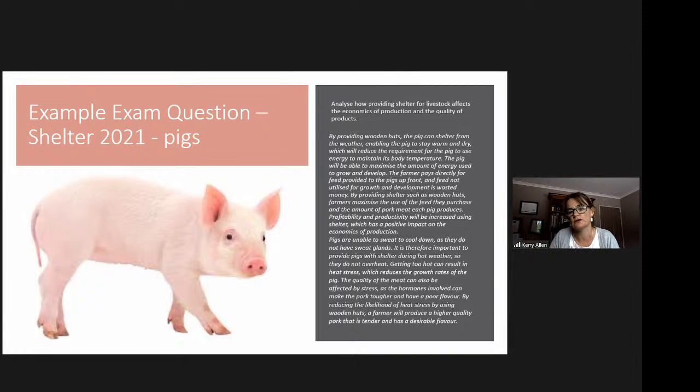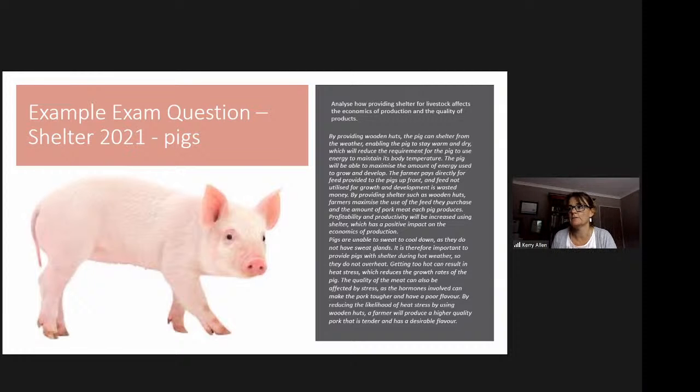So they're putting all their digestible energy into growth and development and not into keeping warm. And therefore, you're going to get more pork production, so more muscle development, and therefore you will have more product to sell at the end of it. Also, in terms of economics, the more pigs you have that are putting on weight, the more money you are going to make.